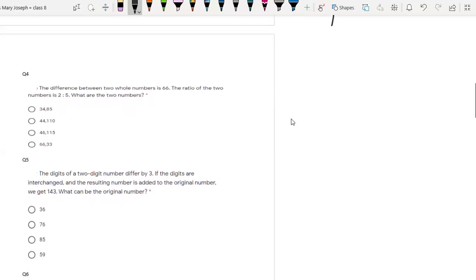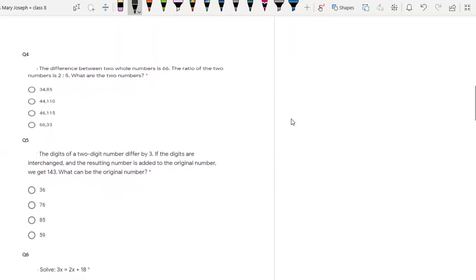Now question number 4, the difference between two whole numbers is 66. This question is from chapter number 2, that is linear equation in one variable. So we will use the first statement for assumption part.